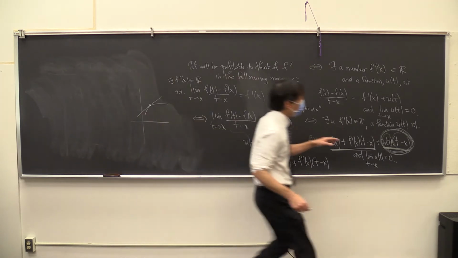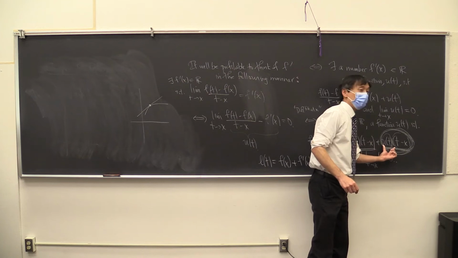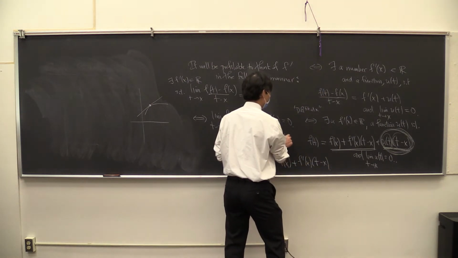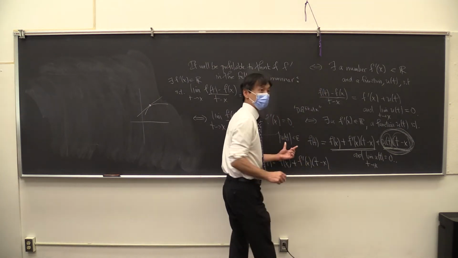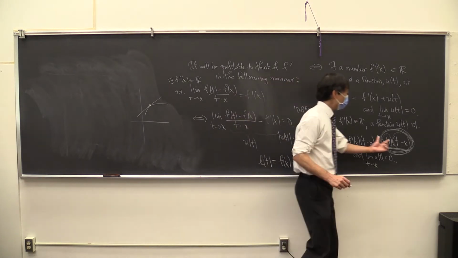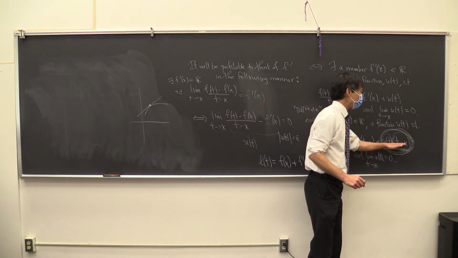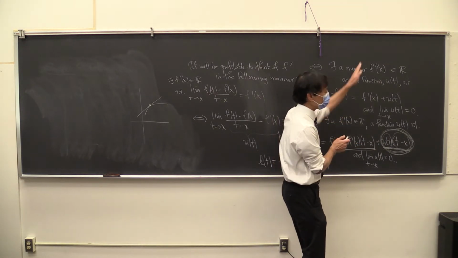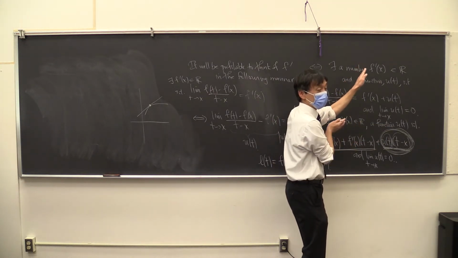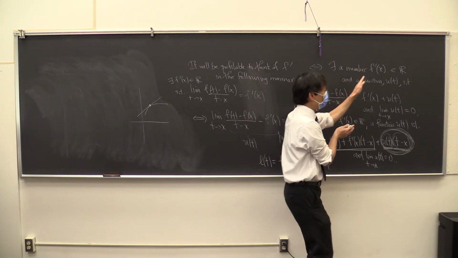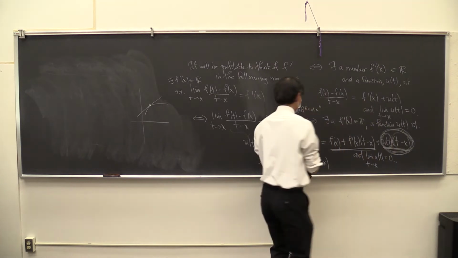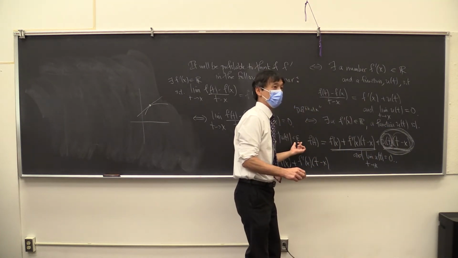Let me say it this way. You know that the u of t goes to 0, right? So if you trap your u, if you say, okay, I know that my u of t is smaller than some epsilon, then you've got this thing over here basically trapped between a line of positive slope epsilon and negative slope epsilon, because this u of t is smaller than epsilon in absolute value.